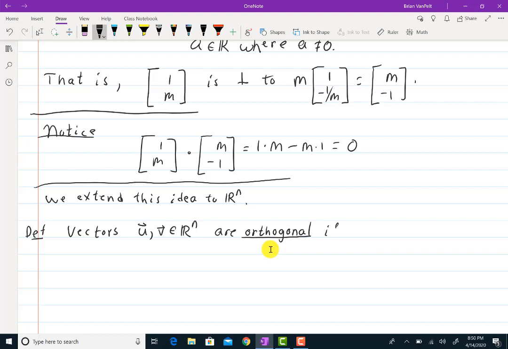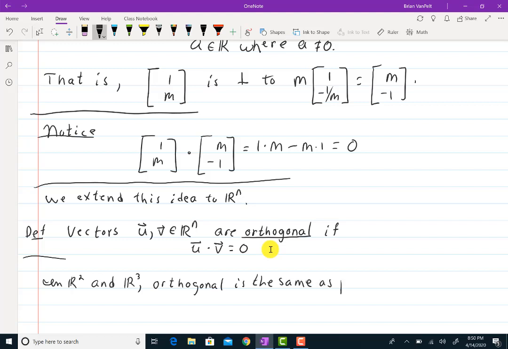They are orthogonal if u dot v is equal to 0. In R2 and R3, orthogonal is the same as perpendicular.